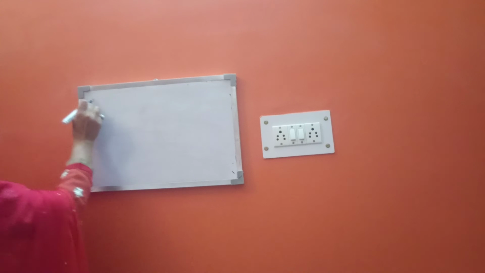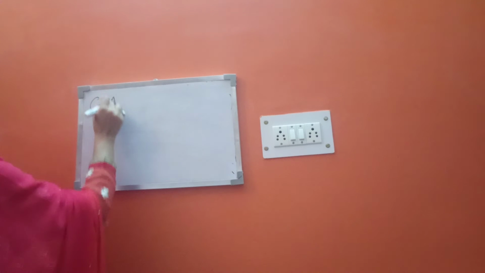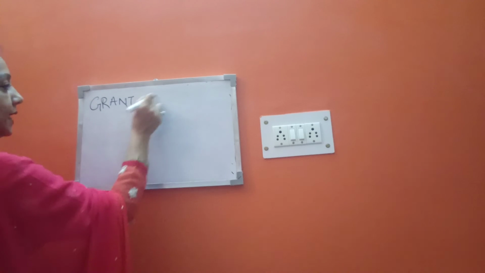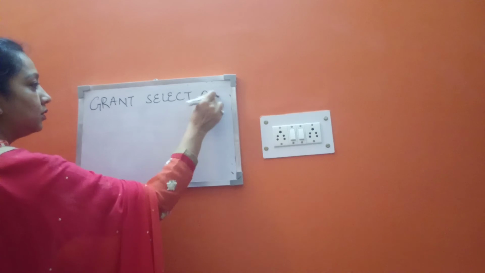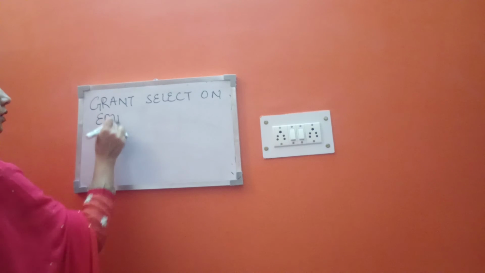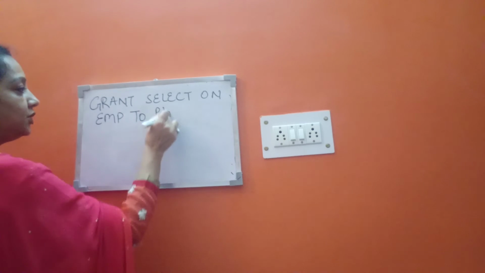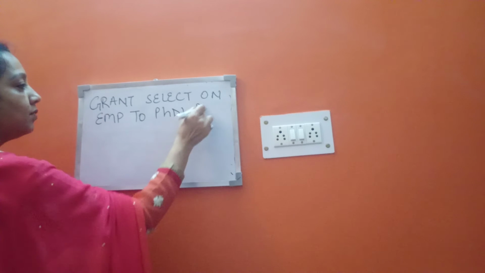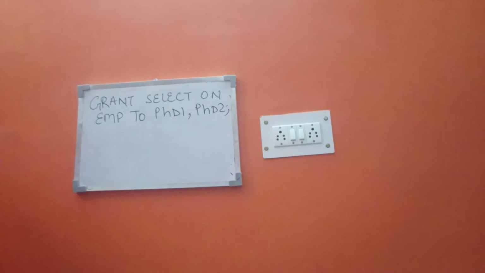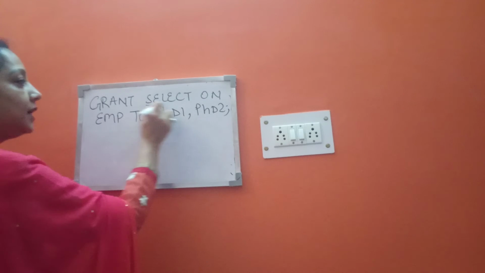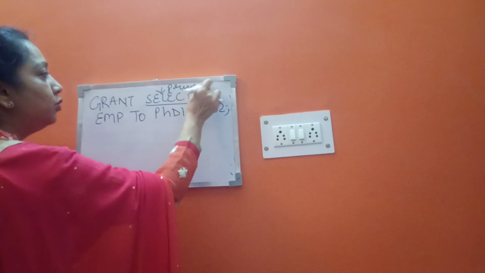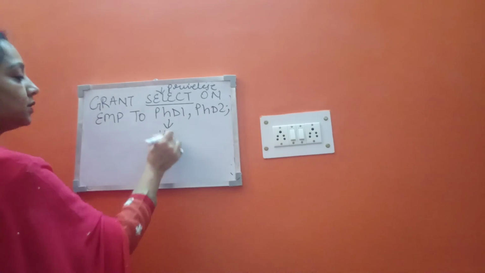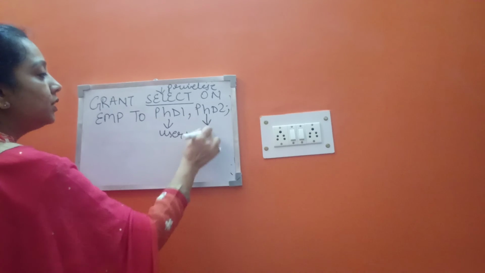I will say grant select on EMP to PhD1, PhD2. Now here I am talking of 2 different users. I want to assign the same permission or the same privilege to 2 different users. This is user 1, this is user 2.